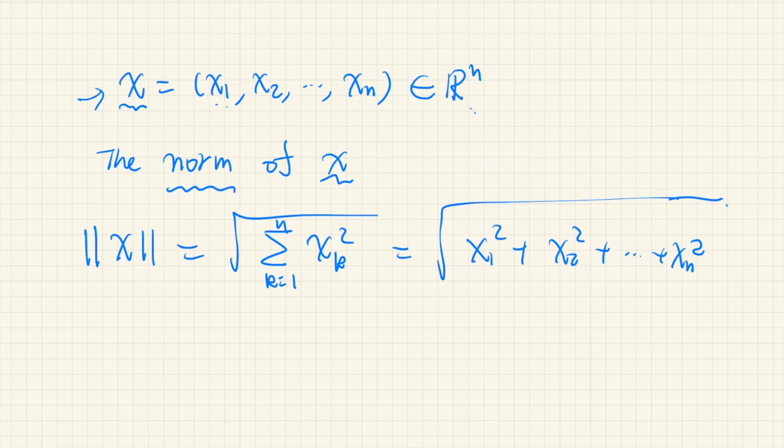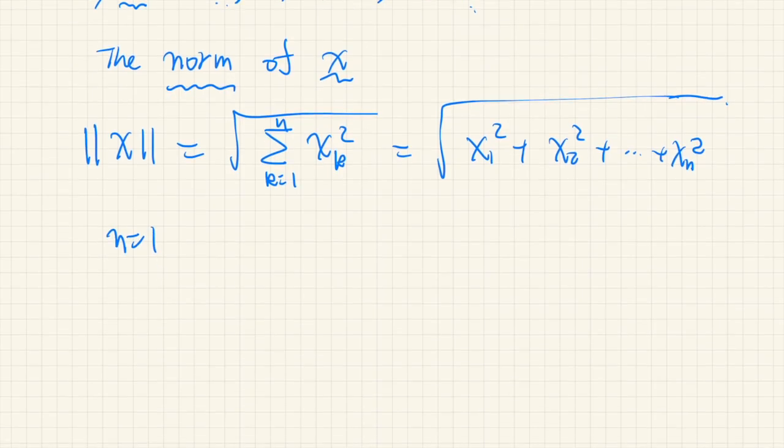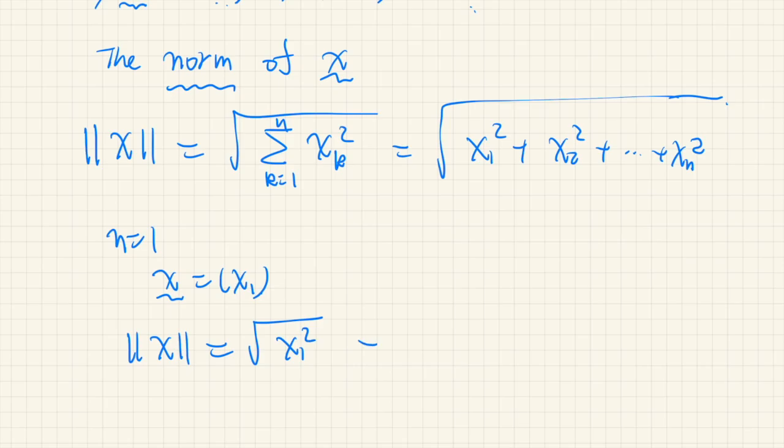For example, when n is equal to 1, we have just one component for a vector, right? So the norm of this vector is the square root of x1 squared. That is actually the same as the absolute value of x1. So in this sense, this norm represents the magnitude or the length of the vector.